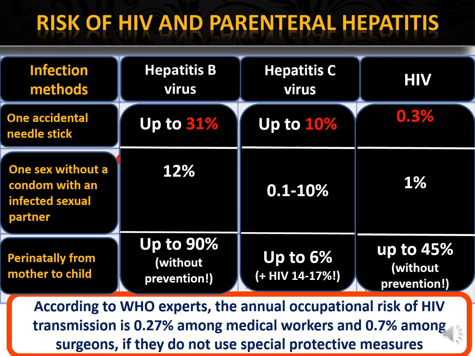And you should remember that when the WHO experts describe the situation, they say that the annual occupational risk of HIV transmission is now 0.27% among medical staff, and only for surgeons may it be higher than for other medical staff if they don't use special protective measures or special equipment.